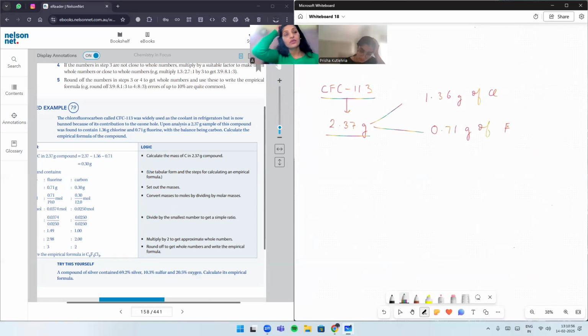Okay, this is what we got. Now, obviously, the leftover thing will be carbon. So now you have to calculate the empirical formula of this compound. Okay, ready for the challenge?